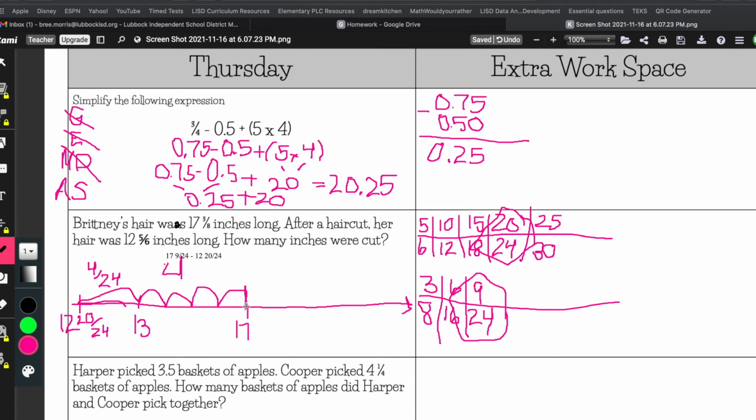Now we're going to jump to 17 and 9/24. We jumped 9/24 to get there. Now we add these up. I've got 4 wholes, okay? And look, 4 plus 9 is 13. And my denominator does not change. Okay, 4 and 13/24 inches.